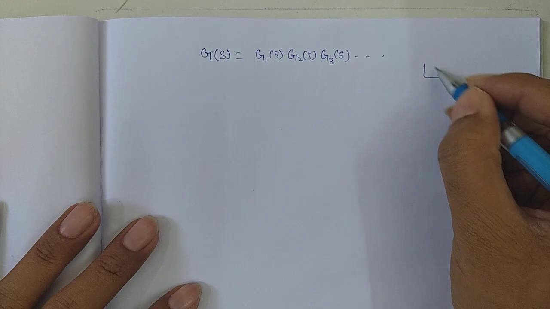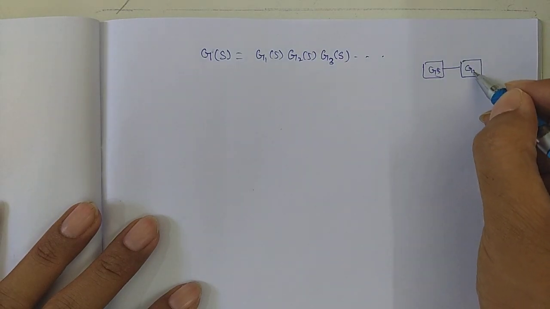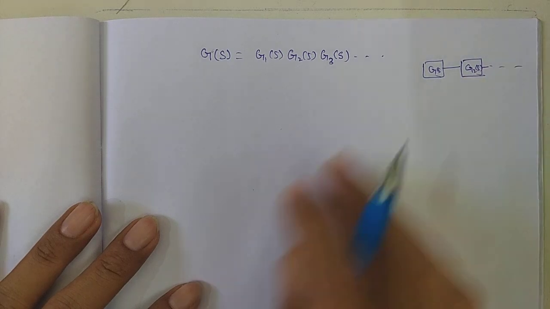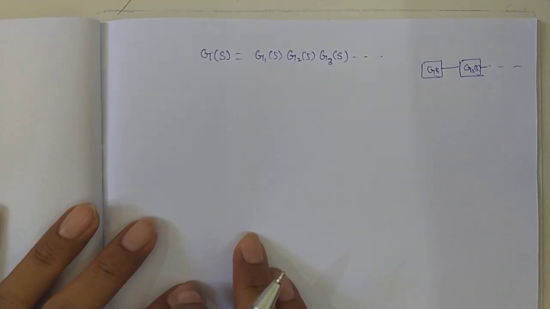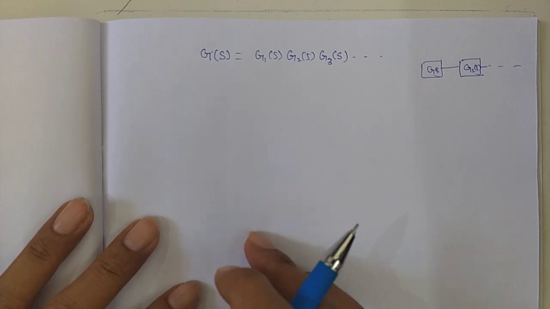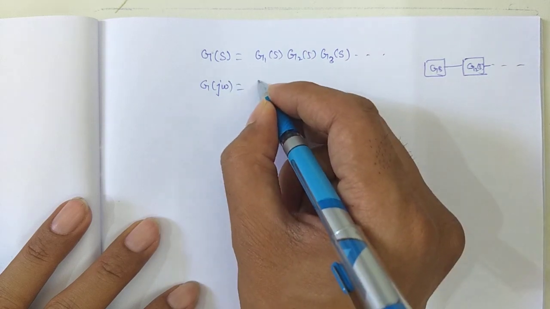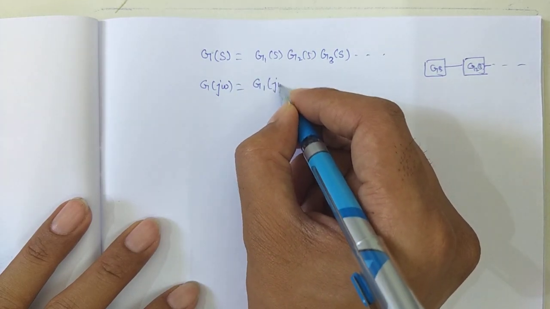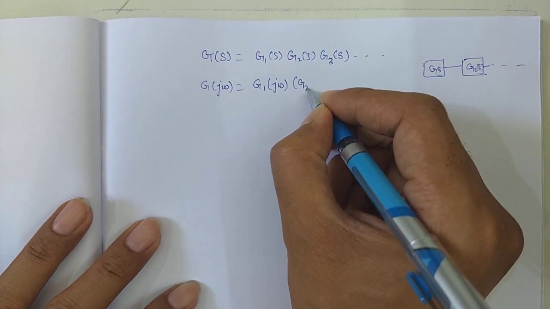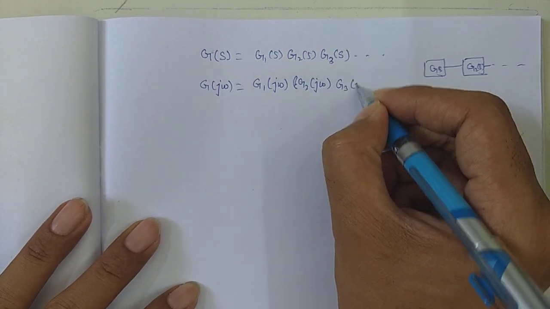So you may have these transfer functions in series. So in G(j omega) you can write G1(j omega), G2(j omega), G3(j omega).